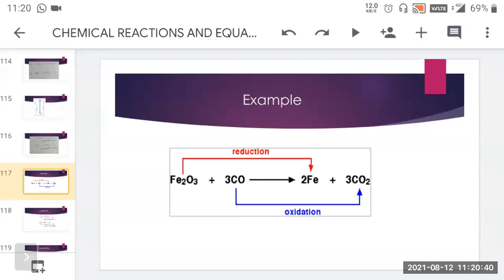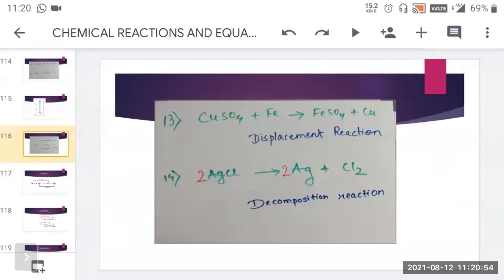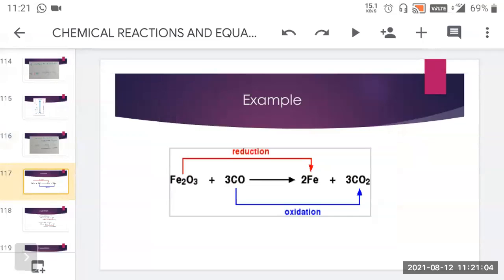Now, see students, in a displacement reaction, either single or double displacement, you can clearly see the exchange. For example, if here you see CuSO4 and Fe, you can clearly see the exchange: Fe gets attached with SO4 and Cu is left as it is. But here in this case, you will not see that kind of exchange. What happens here?